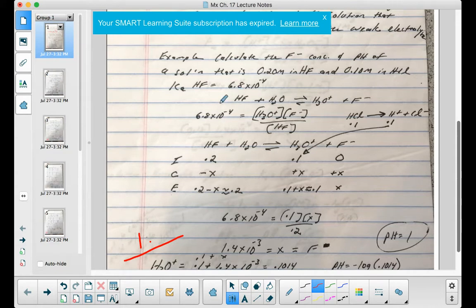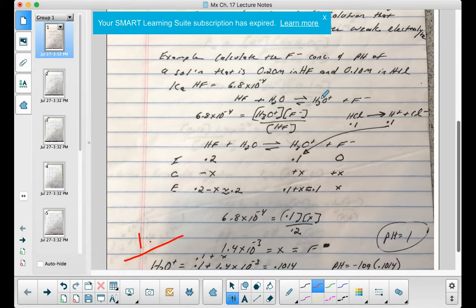So the example would be to calculate the fluoride ion concentration and the pH of a solution that's 0.2 molar HF and 0.1 molar HCl. So here's what we do. When we take the HF, it's a weak acid, hydrofluoric acid.